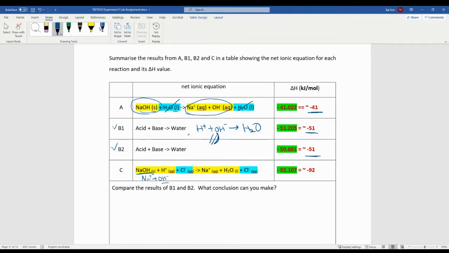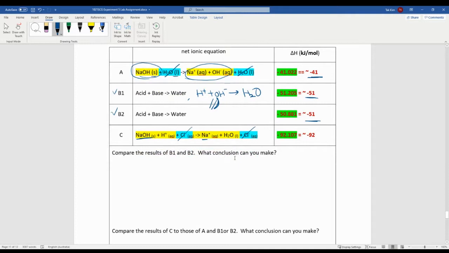And then when you look at this one here, it's an acid-base reaction, right? Same as B1 or B2. So it will create water plus Na, and then chlorine should be a spectator, right? So in the end, your answer should look like this.